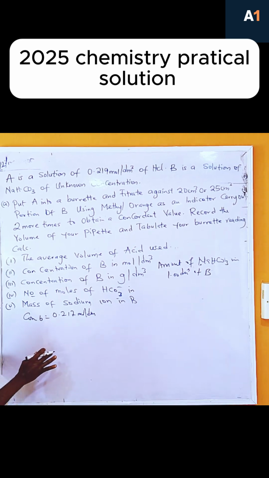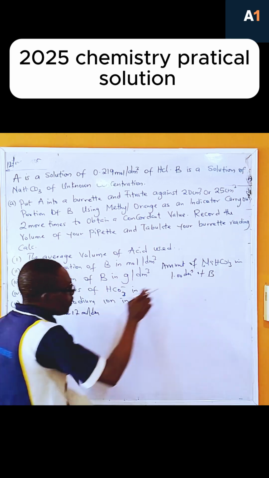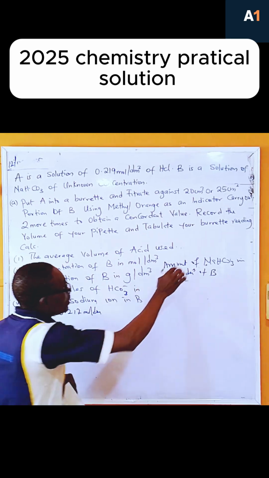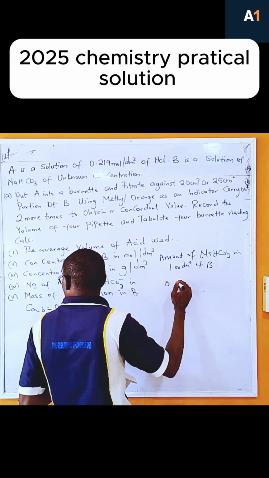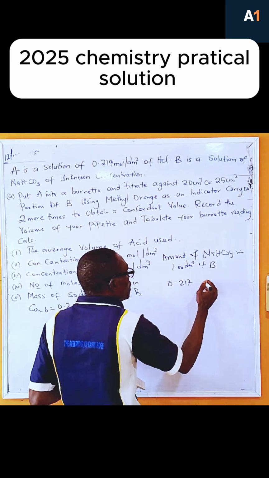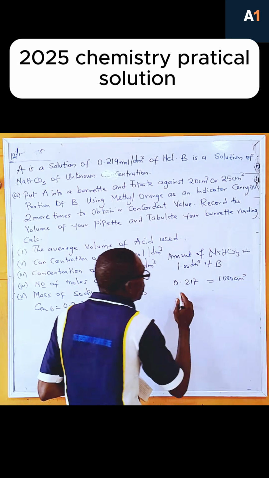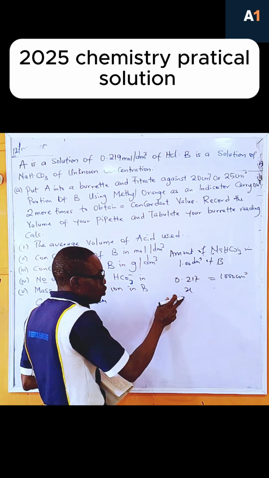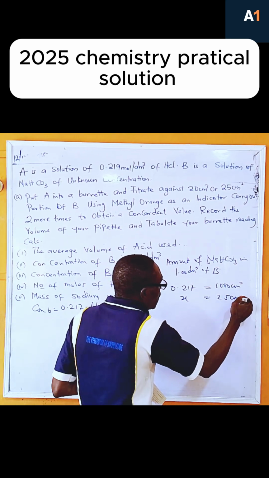That is what we get. Now, what we are saying is, if this is dissolved in 1 decimeter cube, what of 25 centimeter cube? So we say that if 0.217 is dissolved in 1000 centimeter cube, then x of this, which we want to know, is in 25 centimeter cube.